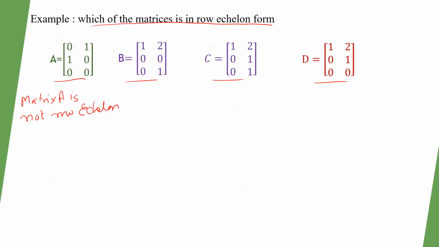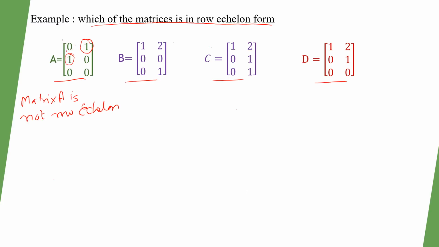Why? Because if we remember the definition of the row echelon form of a matrix, the leading element of a non-zero row is always strictly to the right of the leading element of the row above. So here the leading element in the first row is this one, but when we come to the second row, the leading element is in the first column, the same as in row 1.